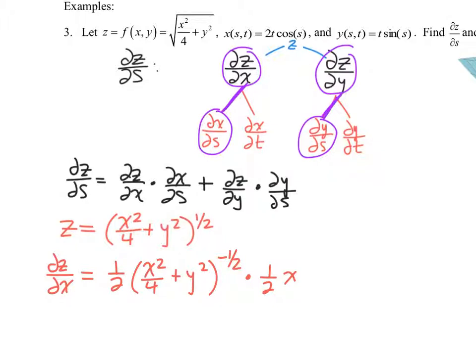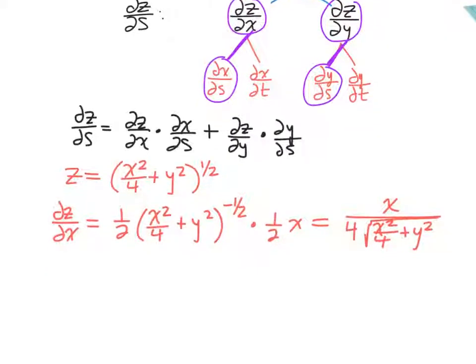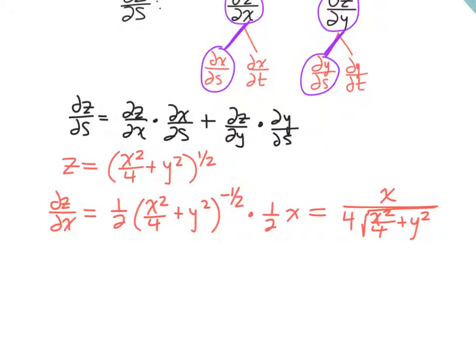Really not much to clean, though. So x over 4 root x squared over 4 plus y squared. And you know, maybe that wasn't worth it. We'll see. Maybe we don't need to clean it up like that. Partial z with respect to y.